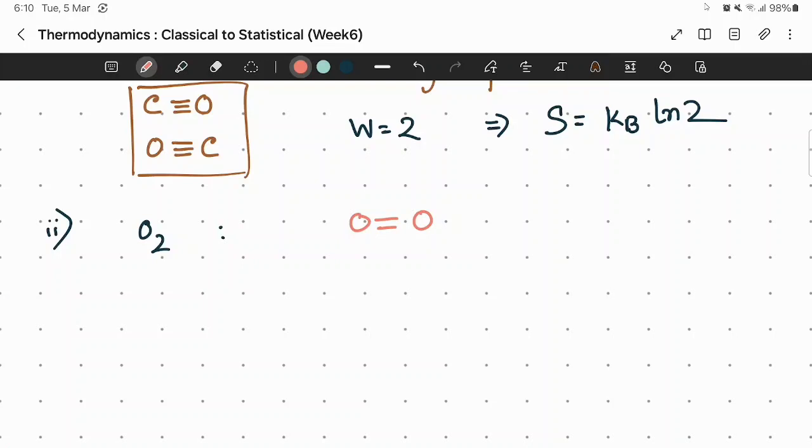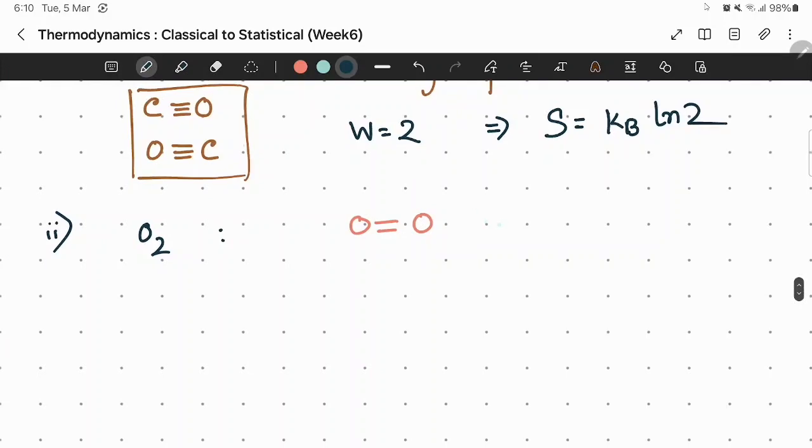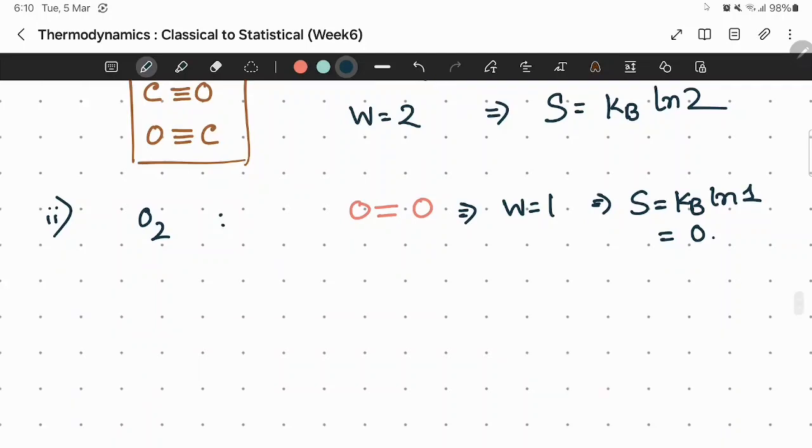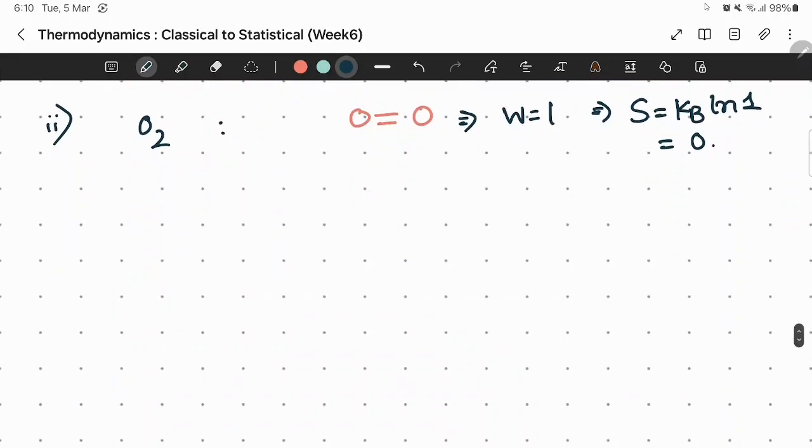So W will be 1, and S will be 0, because Kb ln 1 is 0. So molecules having only one orientation, that means only one microstate, will have residual entropy 0.